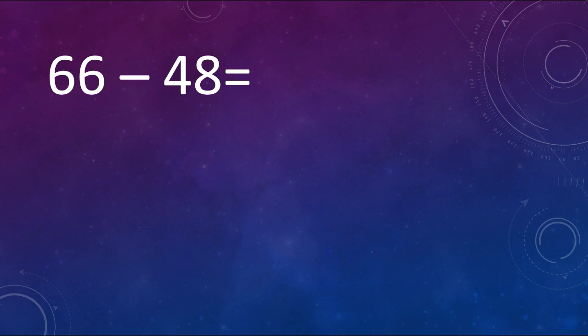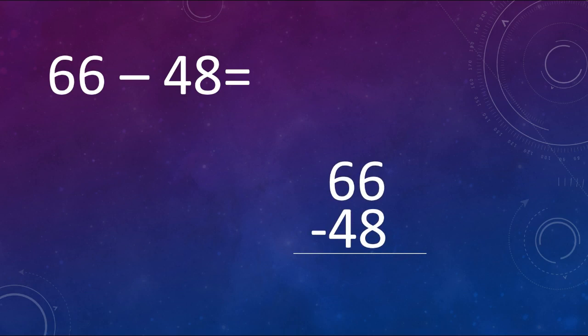Let's compare your answer. 66 minus 48 equals. Do we need to take any of the tens from this 6 here? Yes, we do, because we cannot take away 8 from 6. This number is smaller than this number. So we need to take 1 ten from the 6 to make this 16.